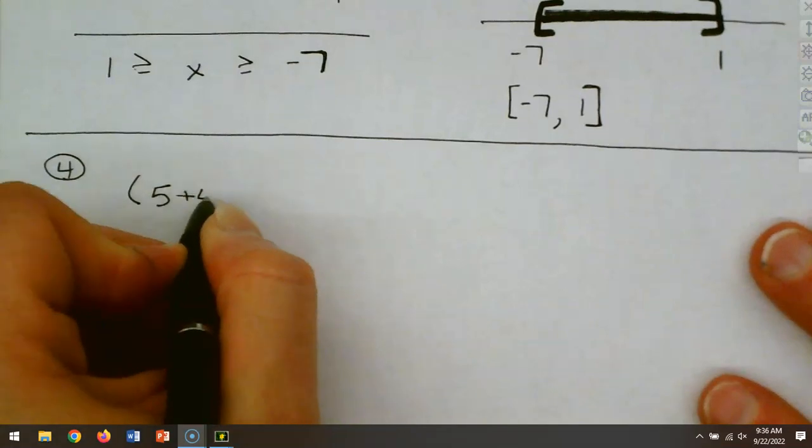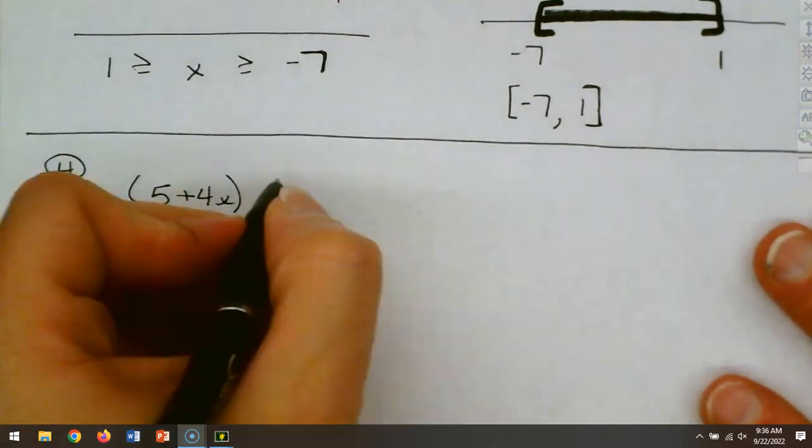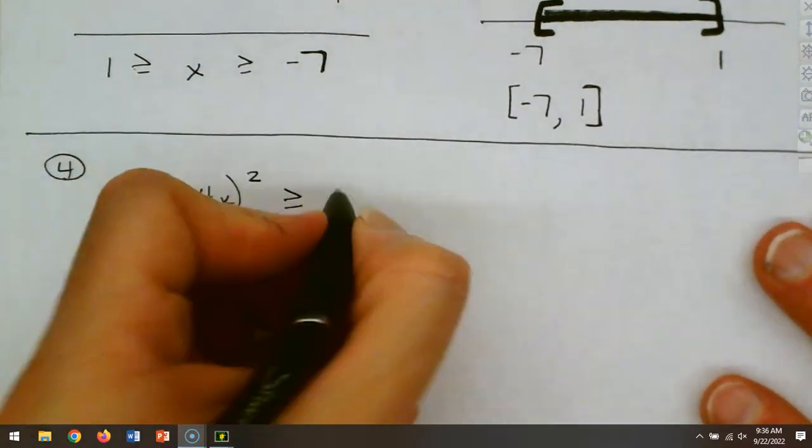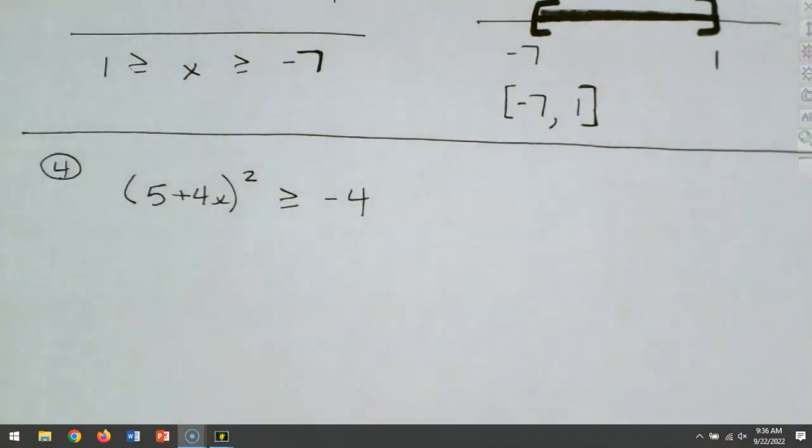So 5 plus 4x, quantity squared, is greater than or equal to a negative 4. Now on this one, I can already tell you that my solution is going to be all real numbers. How do I know that? Without even doing any work at all, we're going to do the work to verify it, but let's think a little bit about how numbers work.